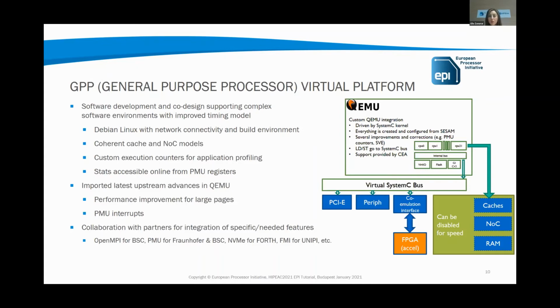We developed some statistical models to provide temporal performance, and it is possible to deactivate this part in order to gain performance, for example, if we only need software development, as will be presented in detail later. We also collaborate with partners to integrate some specific needs and features like I/O and NVMe with FORTH, or the FME part with UNIPI. And I will also present this part in detail here.